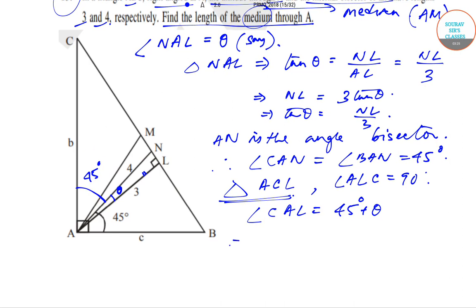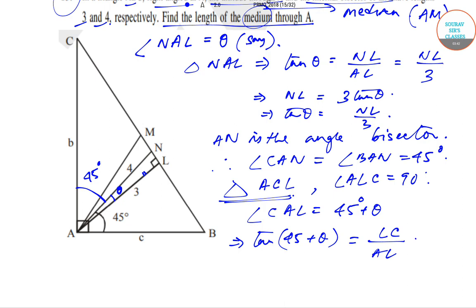Therefore tan of 45 plus theta will be equal to LC by AL.